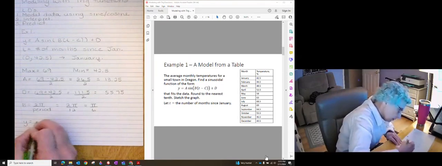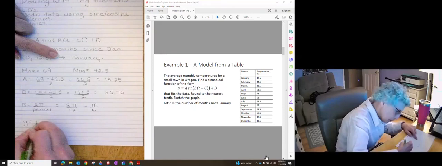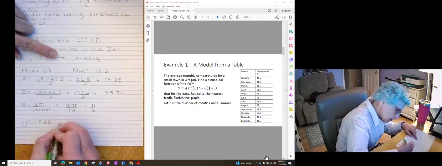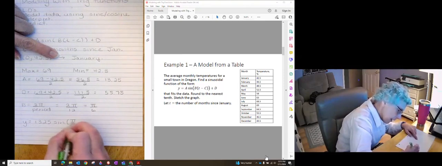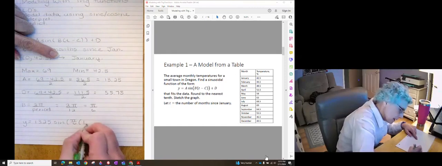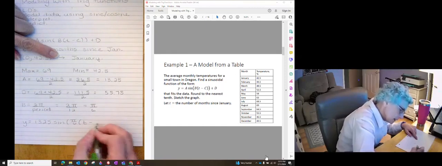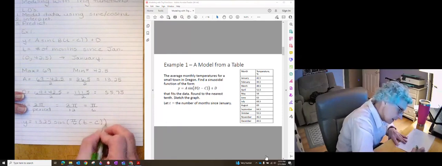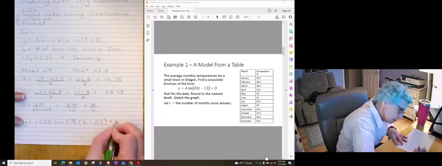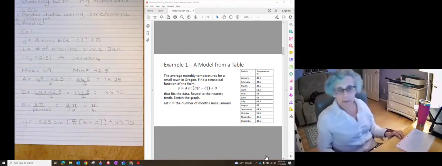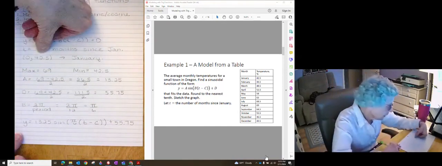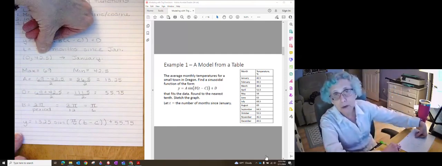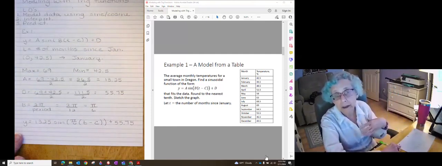Y is equal to A, 13.25, times sine of pi over 6 times (t minus c), my phase shift, plus 55.75. Well, I know that this point, 0, 42.5, has to live on my graph.